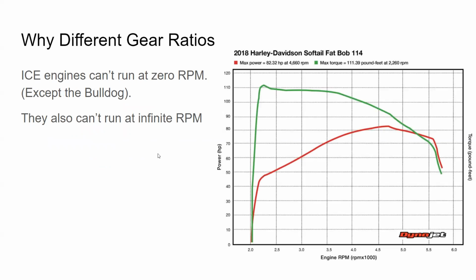All right, so why do we need different gear ratios? If you've ever ridden a bike, you might have played around with how slow you can ride. And you know that as you slow down, things get awkward when you're trying to pedal the bike. Eventually you get to the point where you can't keep a fluid movement going on with the pedals and everything.